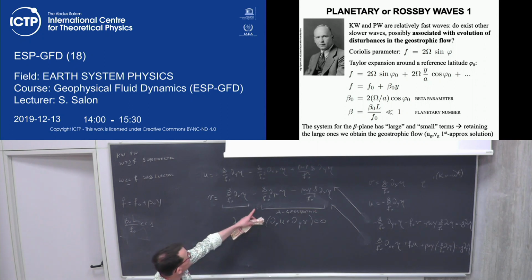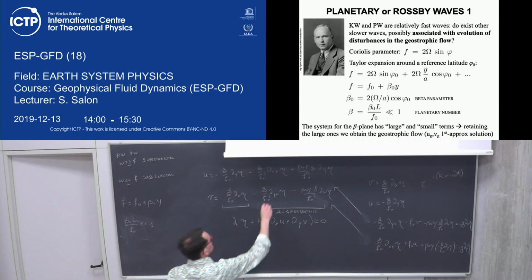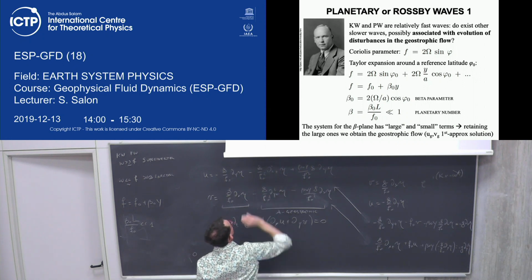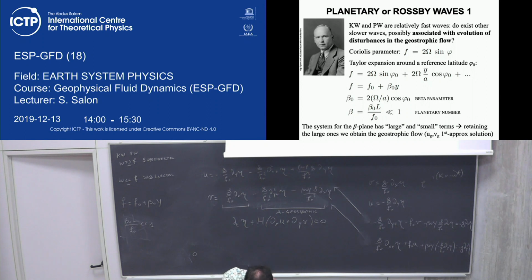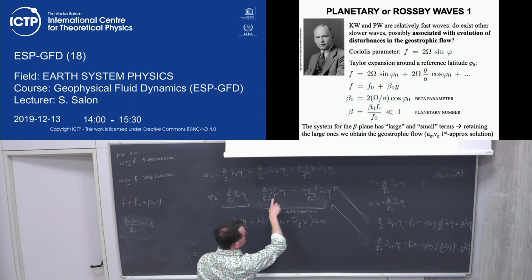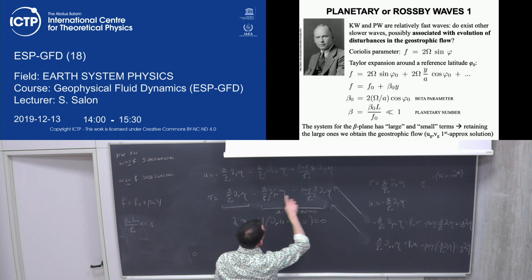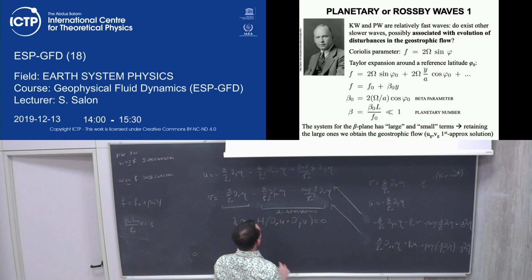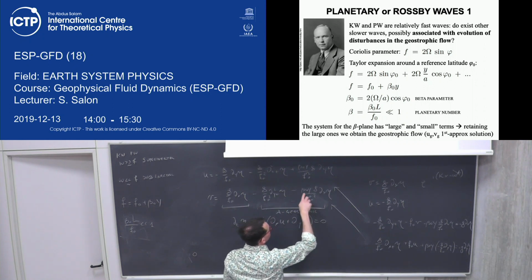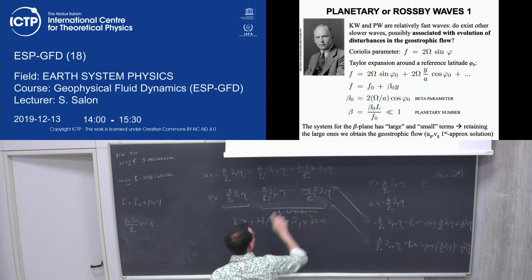So this part here depends on the spatial and temporal derivative of eta, so it's a second order term, and here it depends on beta 0 and y.